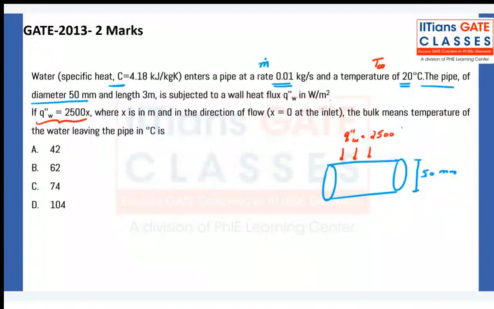That means it is not constant, it is changing in the x direction, where x is in meters and is the direction of flow. x is equal to 0 here, x is equal to L here. I need to find out the bulk mean temperature of the water leaving the pipe.